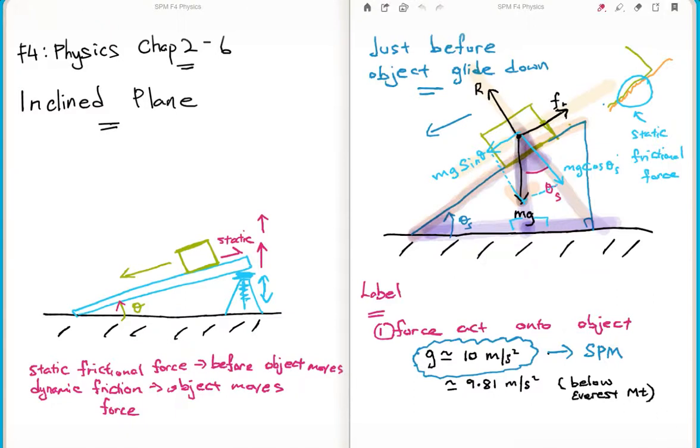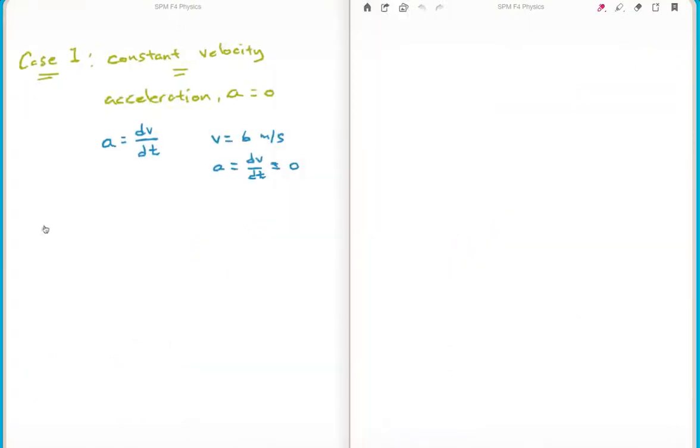Or put it the other way, if I define positive as going downwards, what I would write is mg sine theta, subtract the frictional force. Why subtract? Because the frictional force acts in the opposite direction to the one I defined as positive.